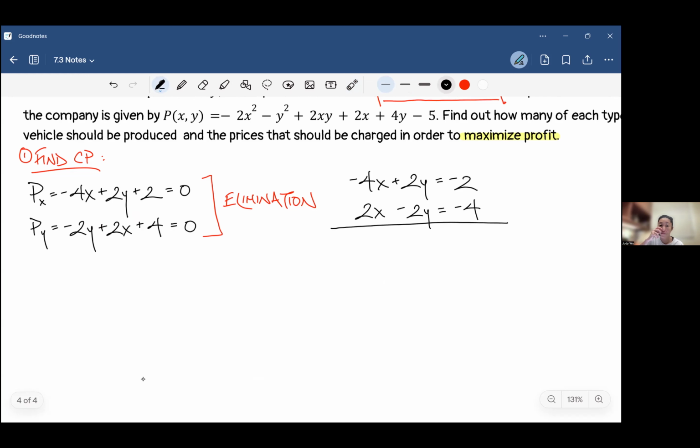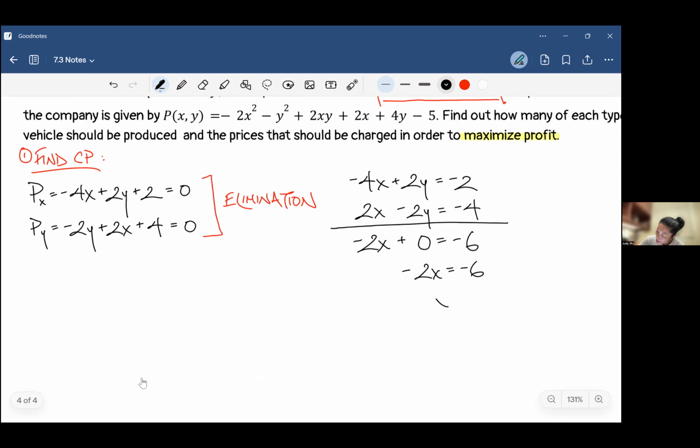Now, I'm going to add the equations together. So negative 4x plus 2x is negative 2x. 2y minus 2y, that goes to 0. That's where our elimination happens, okay? And then negative 2 minus 4 is negative 6. So I really just have negative 2x equals negative 6.